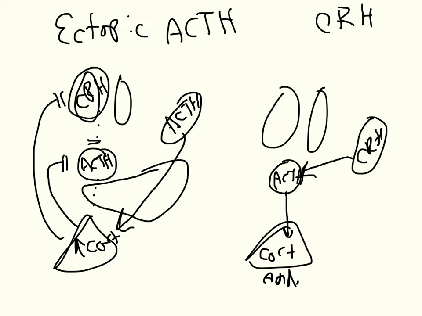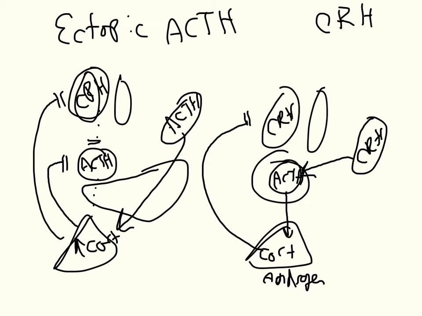Don't forget, anytime you have ACTH, you're going to have an increase in androgens as well. Whenever it's ACTH independent, you're only going to have increased glucocorticoids. The cortisol glucocorticoid is going to come back and inhibit CRH production, but you're still going to have high CRH because of the ectopic source. You're also going to have higher ACTH and higher cortisol than normal.